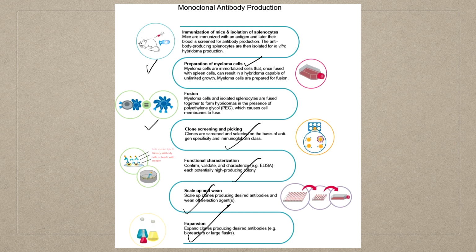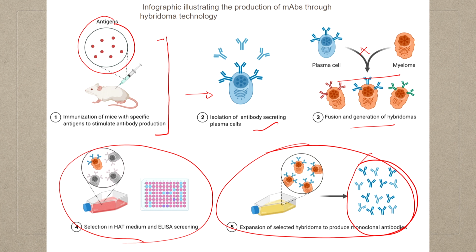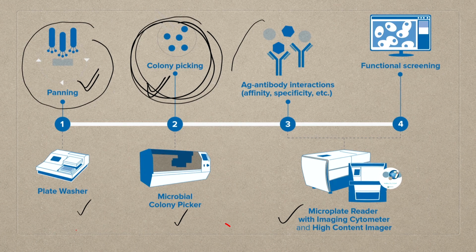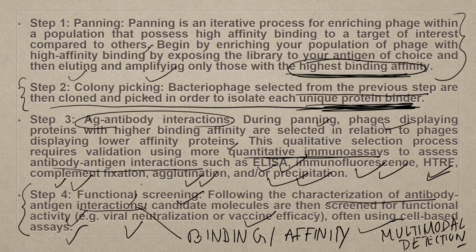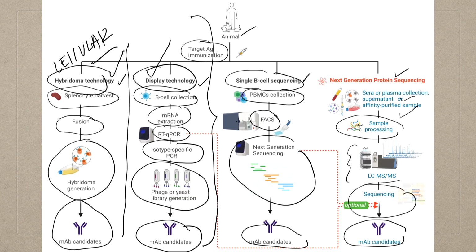And somewhere down the line, we talked about this technology, where we talk about the panning, and this is basically your phage display technology, colony picking, antibody interaction and affinity specificity, and functional screening. Okay. So, these are the basic 4 steps involved in it, and this is the summary sheet in front of you, where you have hybridoma, display technology, single B cell sequencing, and next generation of protein sequencing which are being used.